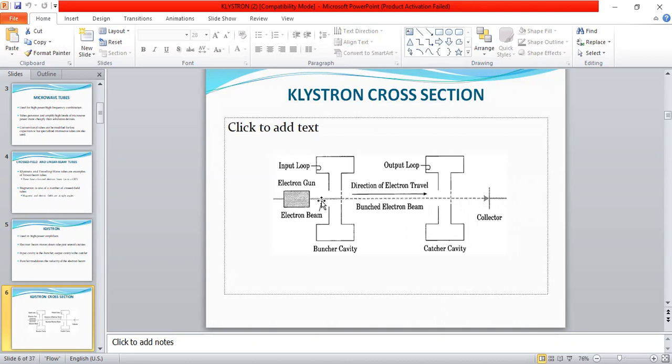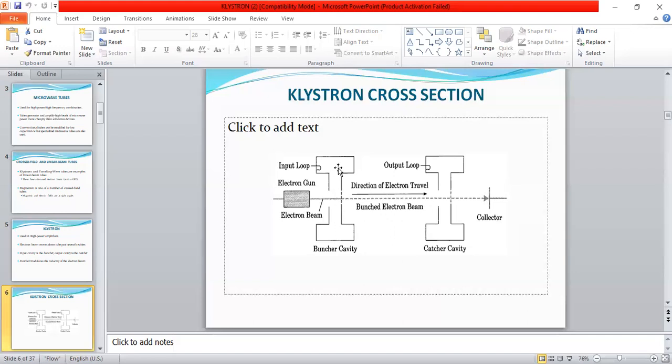The generated electron beam is now traveling with a certain velocity along a straight path. When the electron beam enters the buncher cavity, it interacts with the alternating signal which is already present in the buncher cavity.